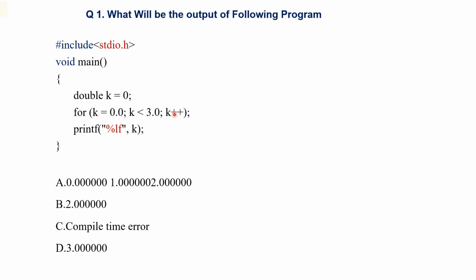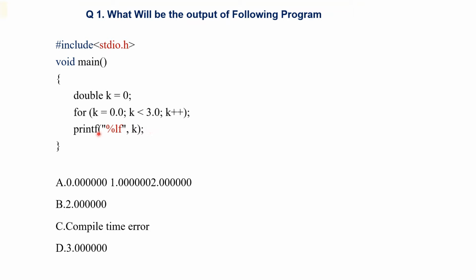When k becomes 3.0, the condition 3.0 less than 3.0 becomes false and control will be transferred to the next statement. So while exiting this loop, value of k will be equal to 3.0.